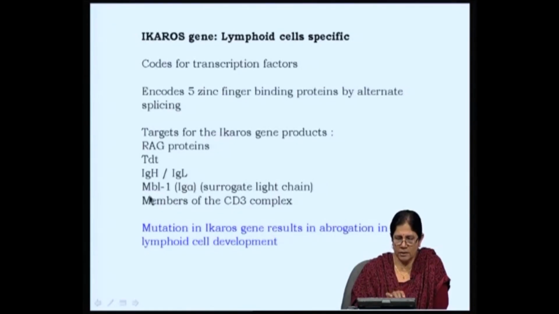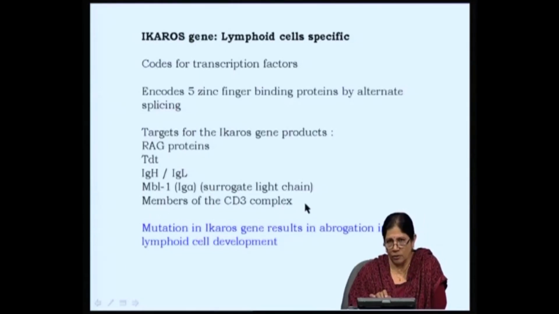Another target is MB1, immunoglobulin alpha. Remember, this is the immunoglobulin alpha, which is present as a co-receptor. Sorry, this should not be there, not surrogate light chain, but the co-receptor for the antigen receptor. Also members of the CD3 complex.